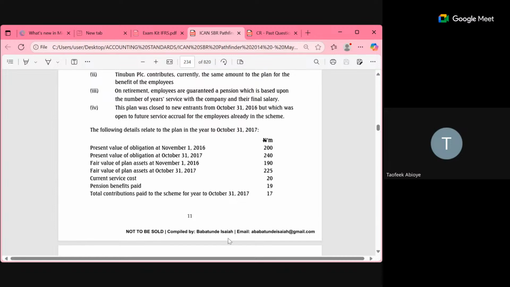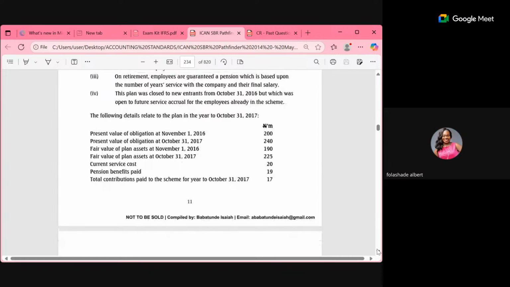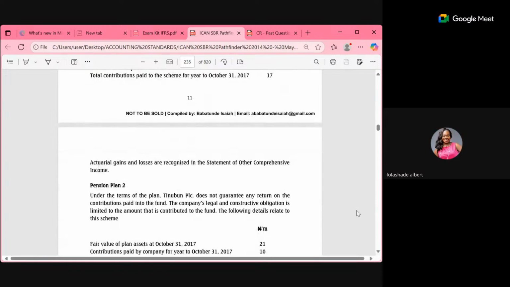Is that the employee's or employer's contribution? This is employer contribution. Now, they said actual gain or loss are recognized in the statement of comprehensive income. We already know that. They don't need to tell us.